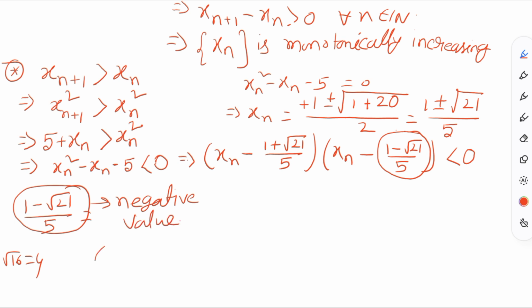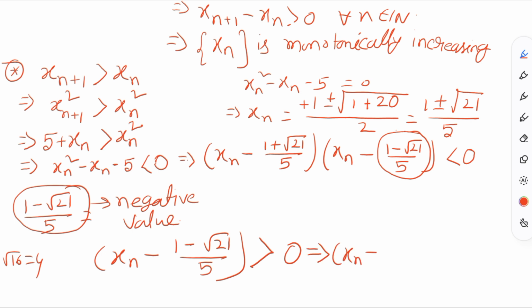That's why xn minus 1 minus root 21 by 5 is a positive value, because minus minus is plus. So from this, xn minus 1 plus root 21 by 5 is less than 0.